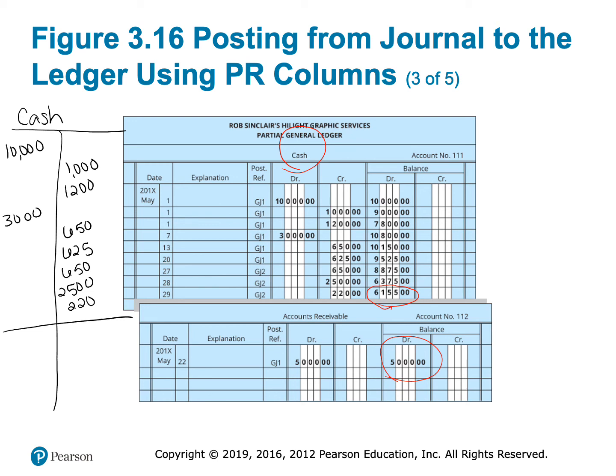So maybe I would write 13,000, and then I'm going to need to real quickly add these up. So if I added it correctly, my credits total 6,845, and so then I'll take the difference, so 13,000 minus 6,845, that gives me a balance of 6,155, and because the debit side is the largest side, I'm going to put the balance over here, 6,155.